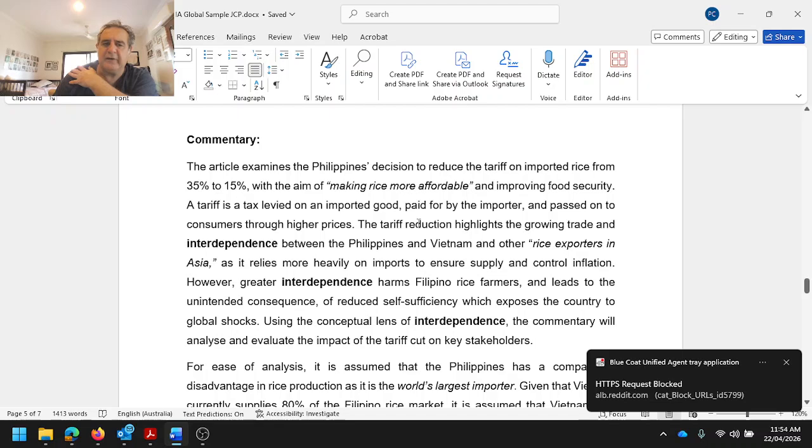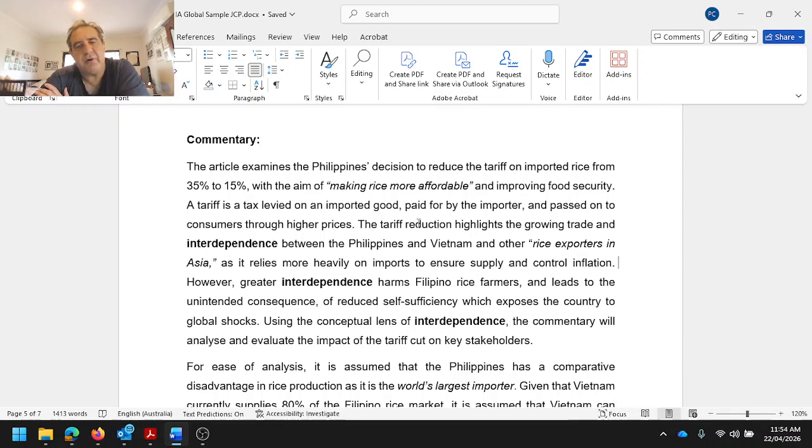Then early on, you need to say something about interdependence, right? It's really important that you do talk about the key concept, and in a way, you should be trying to justify it. So when you think about this particular article, the level of interdependence between the Philippines and Vietnam is going to increase, because lowering the tariff allows Filipinos to import more rice from Vietnam, which generally is a good thing, but it does have some negative aspects to it, which the student actually talks about based on the article.